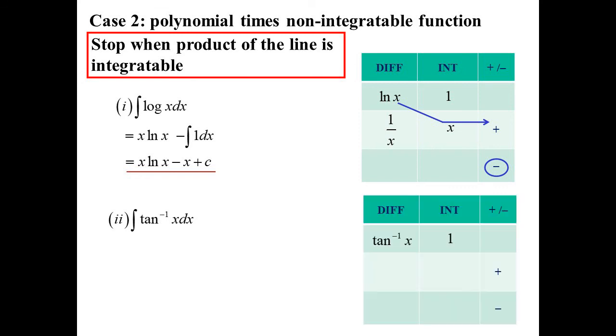So inverse tan times 1, no, can't integrate that, so I'll keep going. Differentiate, I get 1 on 1 plus x squared times x. So if I had x on 1 plus x squared, yeah, I could integrate that one. So I'll stop there. Tic-tac-toe, x inverse tan x, minus, and then the product of that line I stopped at.